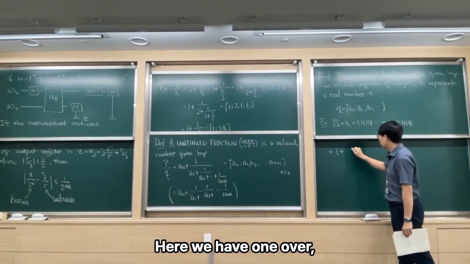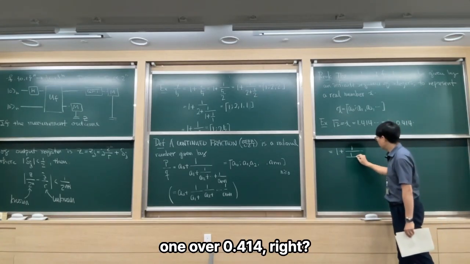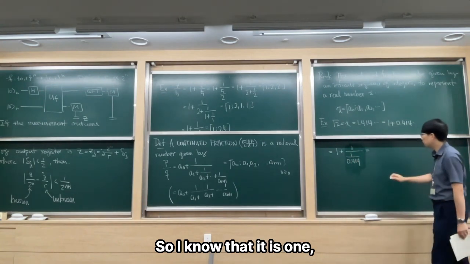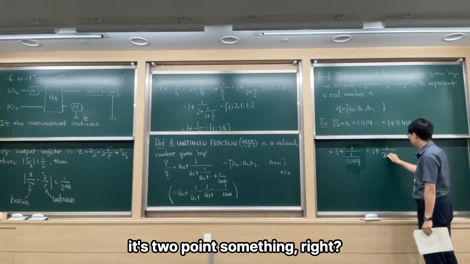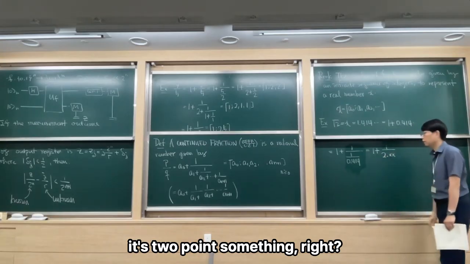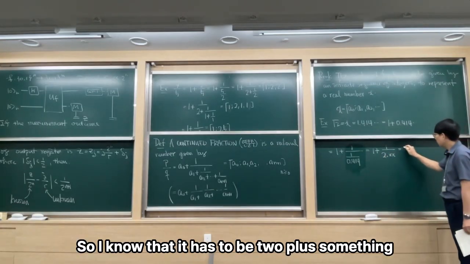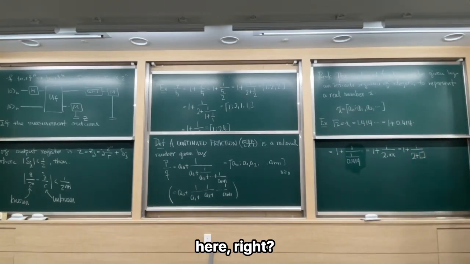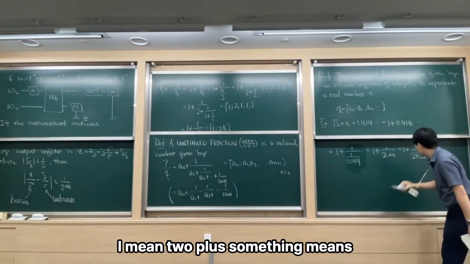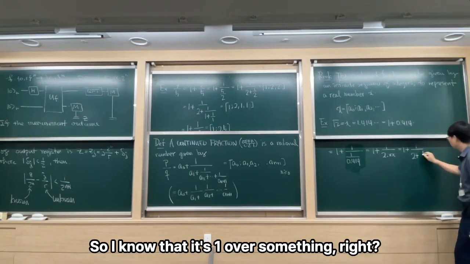We have 1 over 0.414, right? So I know that it's 2 point something. So I know that it has to be 2 plus something here. Okay? 2 plus something means that it's a 1 over something.